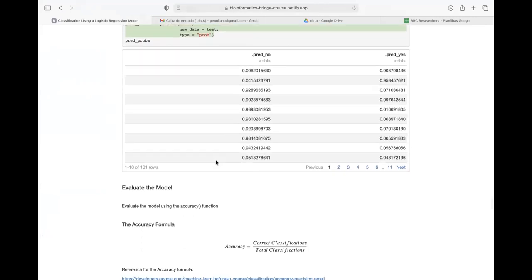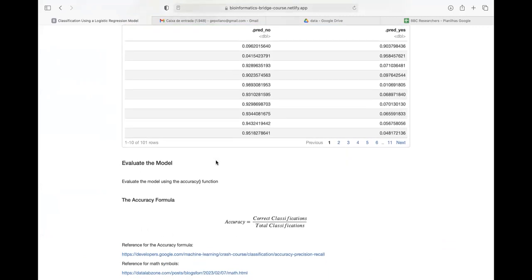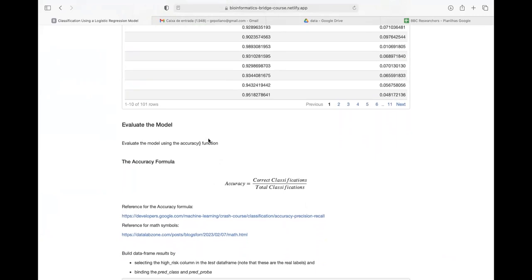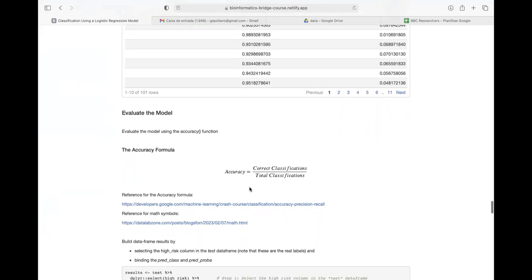Now we come to the part that Eric was just referring to. We want now to evaluate the model. And in order to do that, we have to consider the formula to calculate the accuracy. And that formula is correct classifications divided by the total number of classifications.